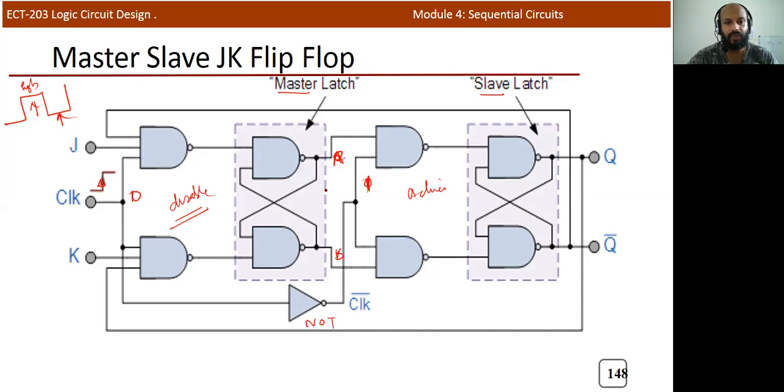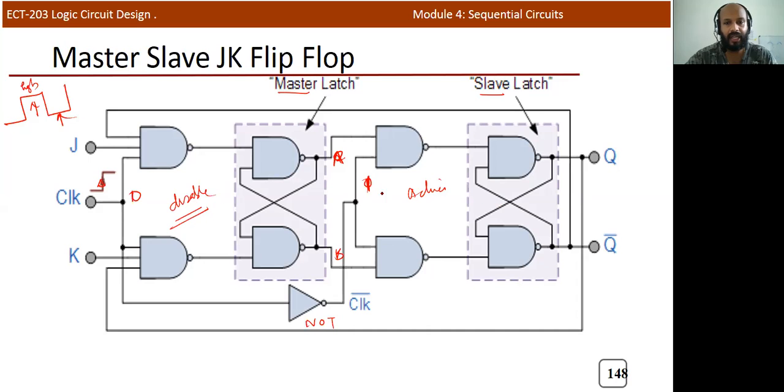At a time, any one of the circuits will be active. So the continuously changing problem can be avoided by using a master slave arrangement. The race around condition problem occurs only in a level triggered flip-flop. So we make an arrangement called master slave: the first is the master flip-flop, another one is the slave flip-flop.